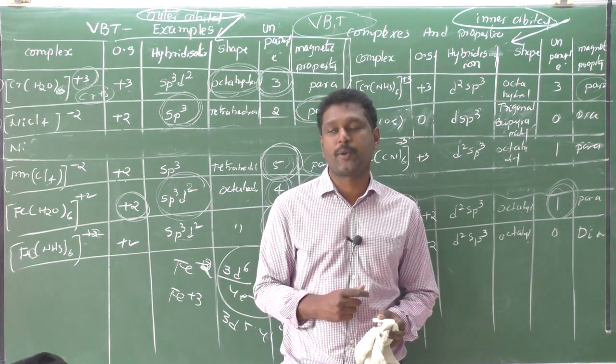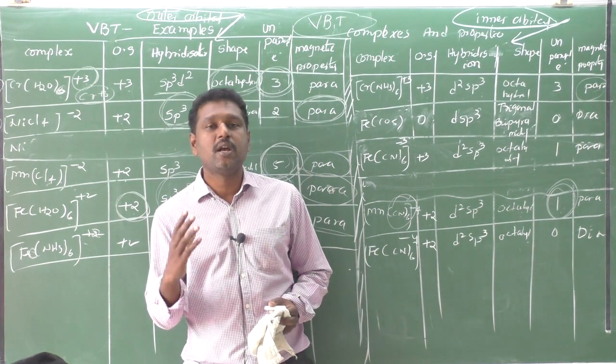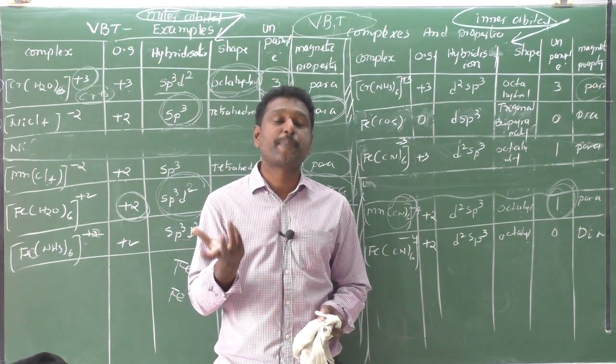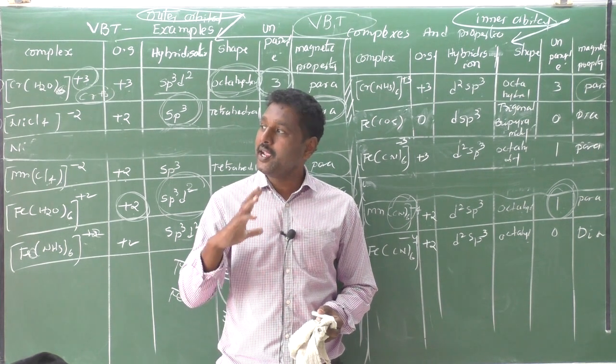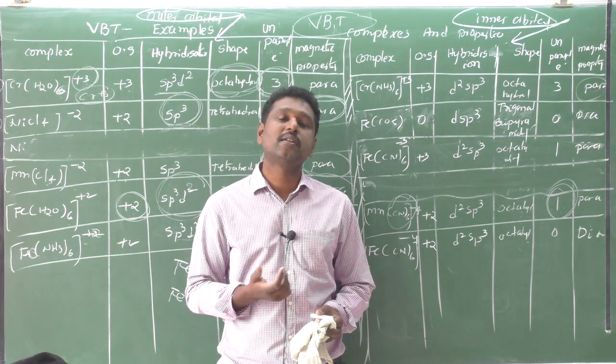In case of metal complexes, if the ligands are Cl minus or CN minus, tetrahedral or square planar is possible, dsp2 is possible, sp3 is possible, like that you can do it.